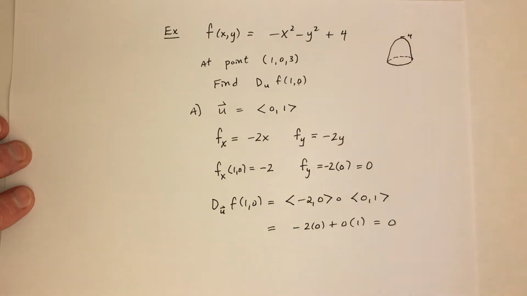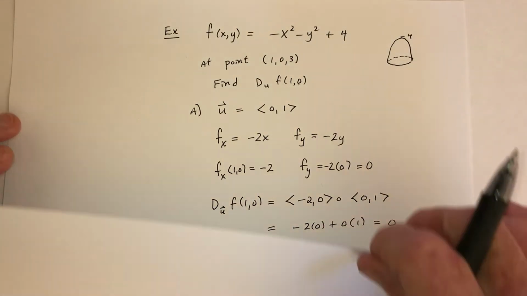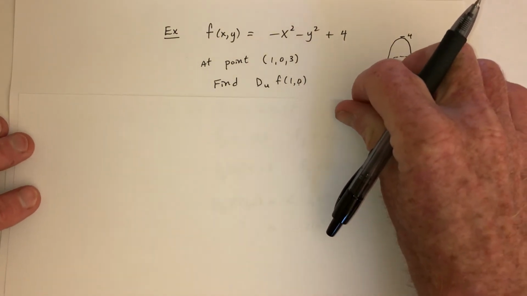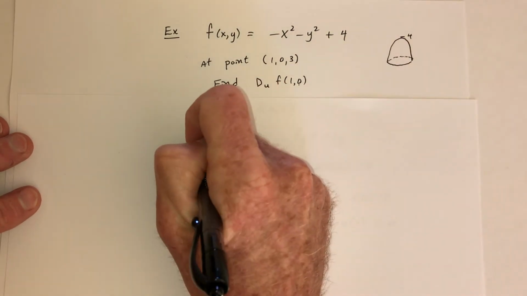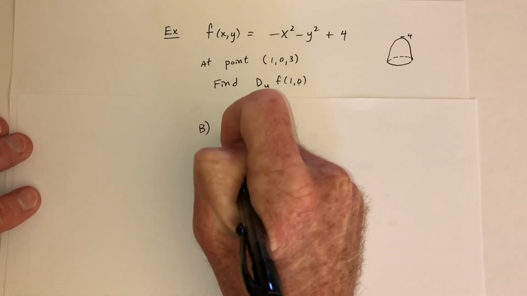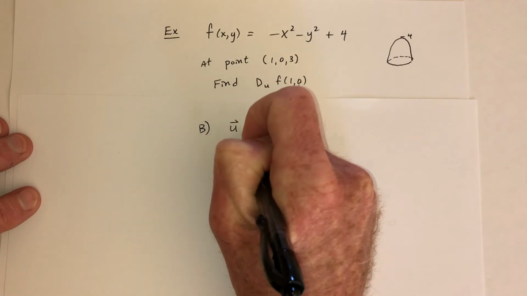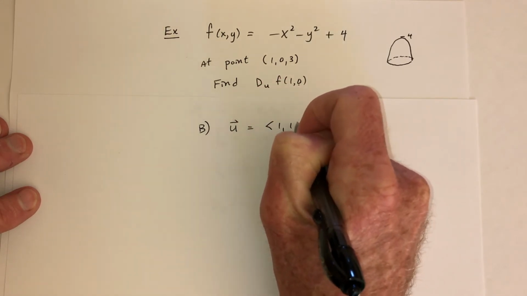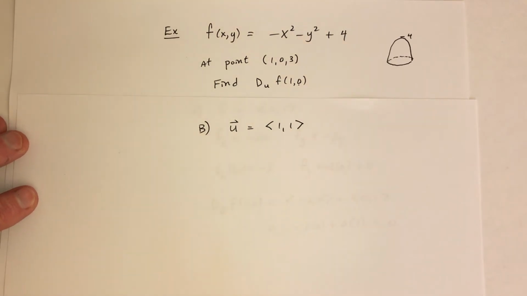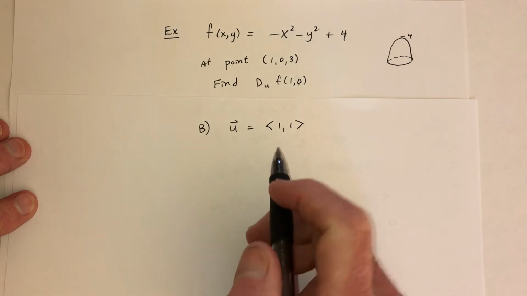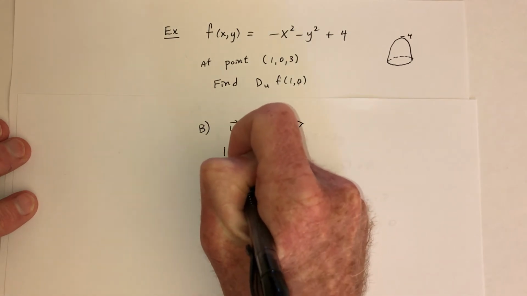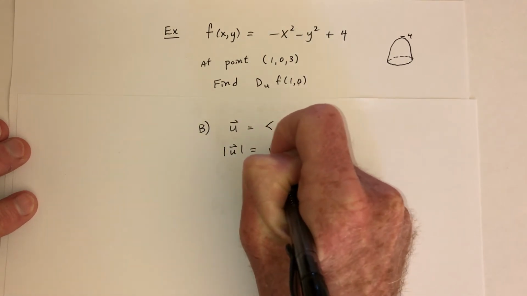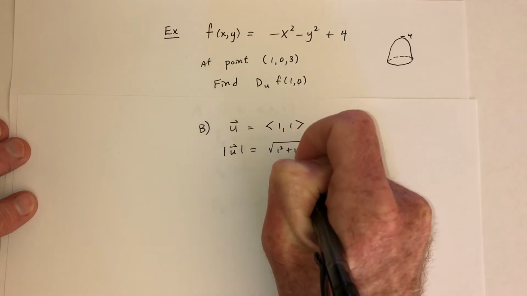All right, now let's do the same thing except use a different vector. So part B, suppose that u is equal to 1, 1. Now the problem with this one is the length of this is not equal to 1. The length of this vector would be the square root of 1 squared plus 1 squared.